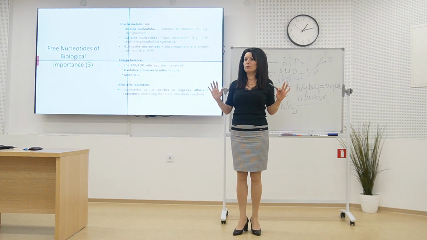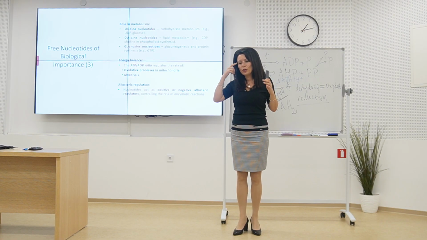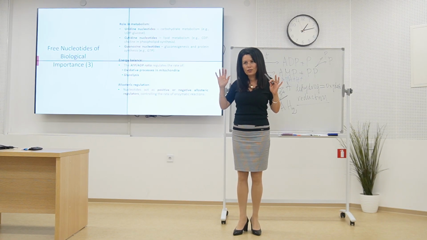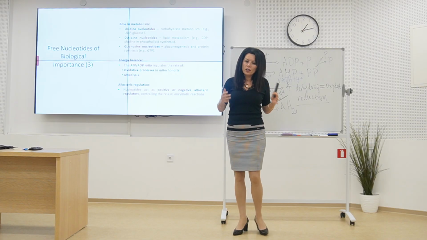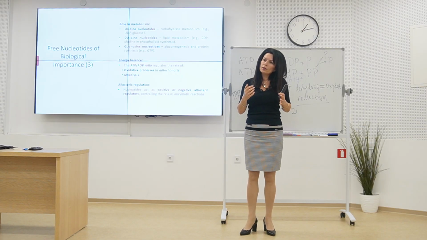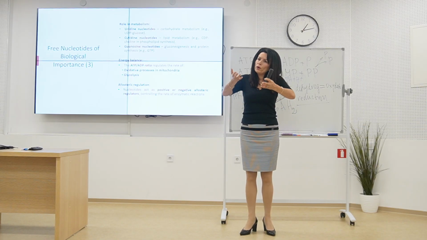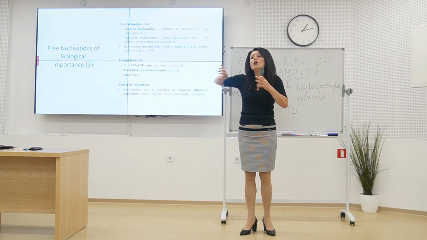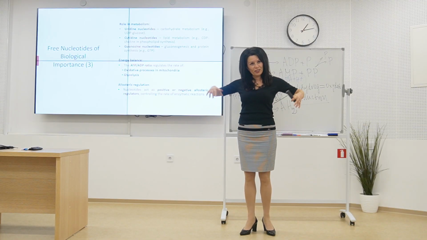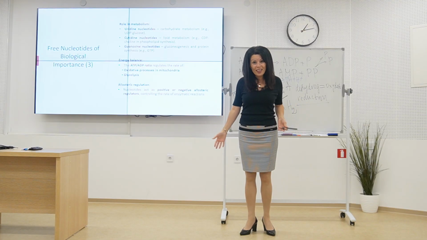You stop eating, because you hear yourself saying, I have enough energy. But if you continue eating, ATP will be produced more and more and will go to synthetic processes, and you can gain weight if you cannot hear yourselves.